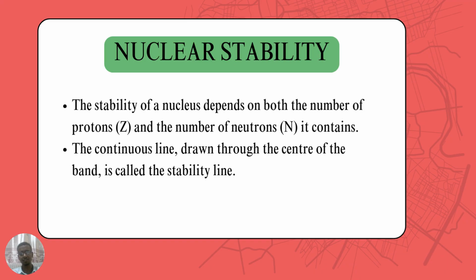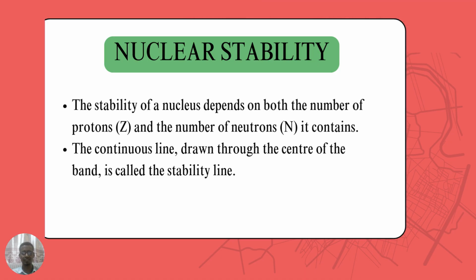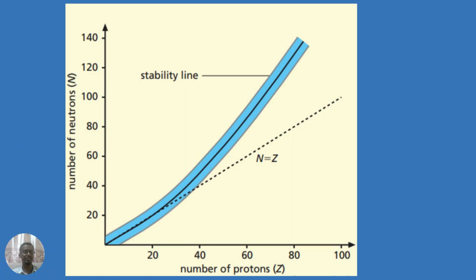The continuous line drawn through the center of the band is called the stability line. Let's see the stability line. When we plot number of neutrons versus number of protons, for the lighter nuclei, number of neutrons equal to number of protons provides stability. So lighter nuclei with equal numbers of neutrons and protons are stable.